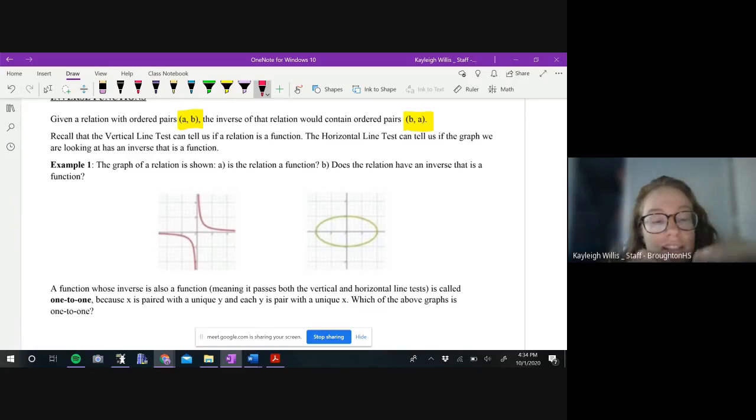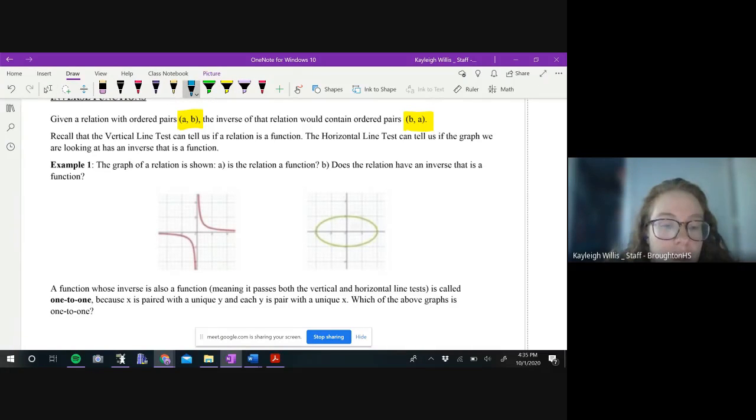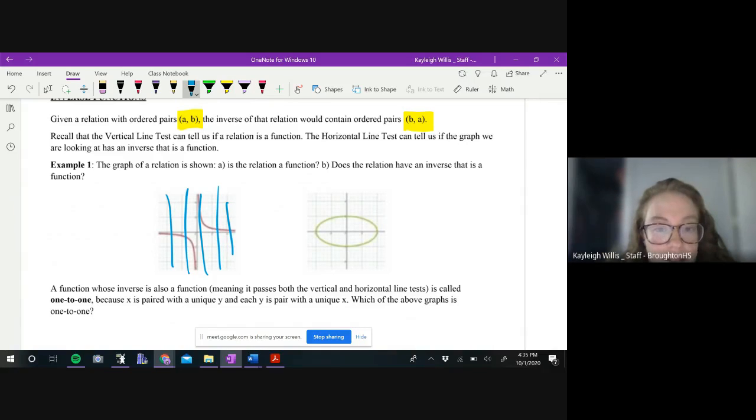So the first example says, here are some graphs. Is the relation a function, and does the inverse make a function? So here, if I do vertical line tests, does it ever hit it more than once? No. So this one is a function.